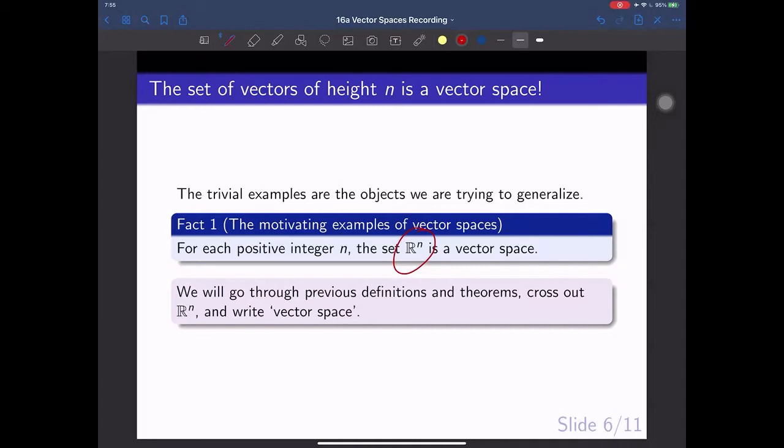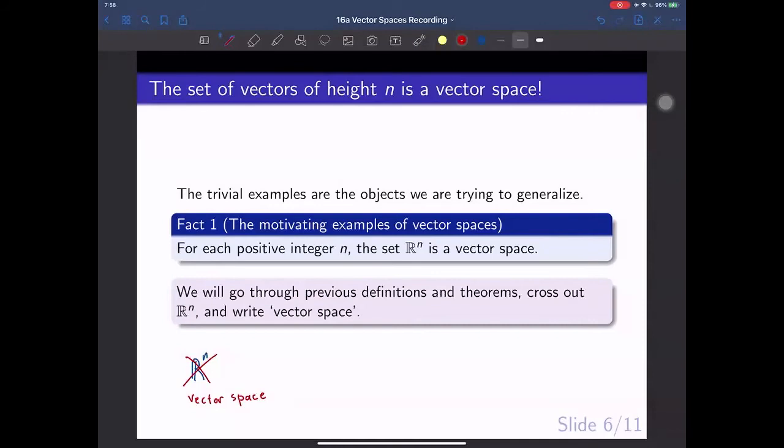So the set of vectors of a fixed height is a vector space. The rest of this course will be mostly taking definitions and theorems we already know, crossing off Rn, and replacing it with the word vector space. We will take things we already know and redefine them for more general vector spaces.